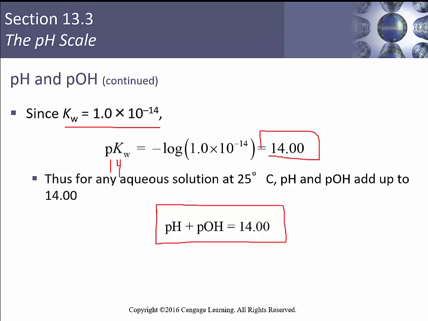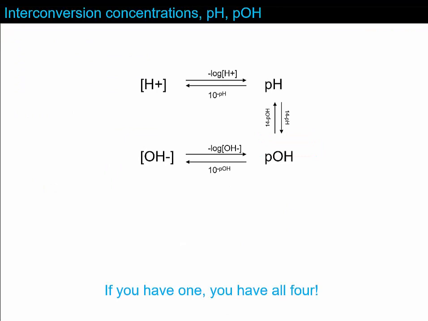Right. What's neat is that if you have one of these values, H plus, OH minus, pH, or pOH, you have all 4 of them through some sort of simple conversion. If you've got an H plus concentration, you can do minus base 10 log to get pH. If you've got a pH, you can do 10 to the minus pH and get H plus. If you've got a pH, you do 14 minus pH to give you pOH.